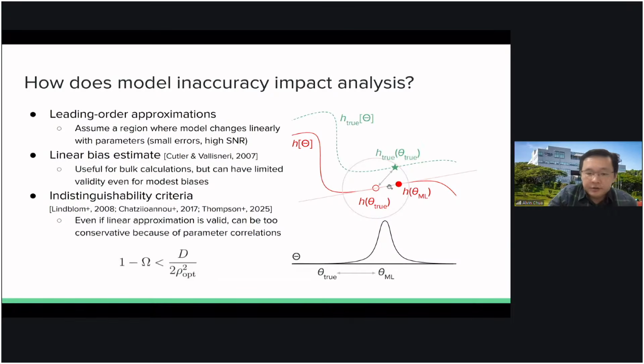Essentially you look at this difference vector between H true and H of theta true, and then by projecting it onto the tangent space here, and pulling it back, you can get a linear estimate of this difference between theta true and theta ML. In this pictured case, it's actually a good approximation, because this is a region where the waveform model is close to being linear. So it's useful for bulk calculations.